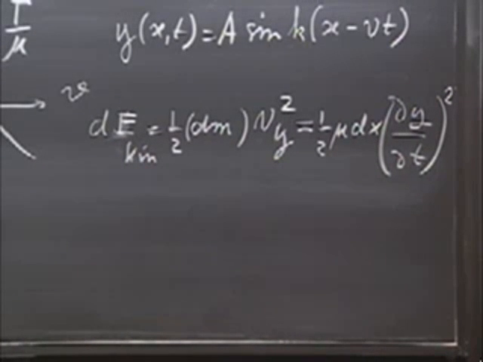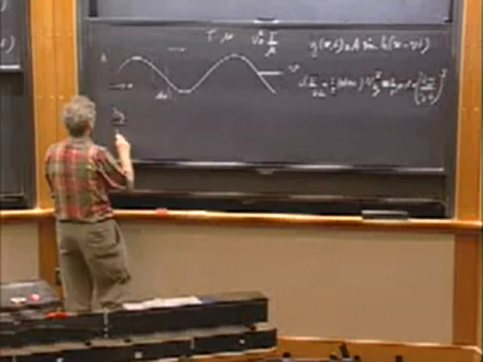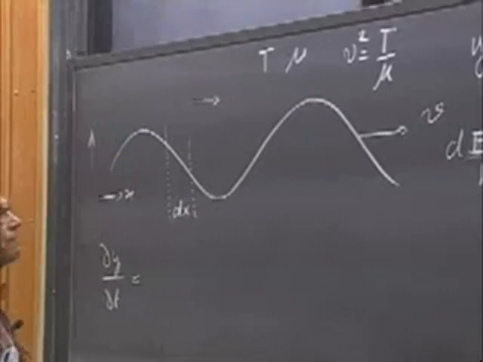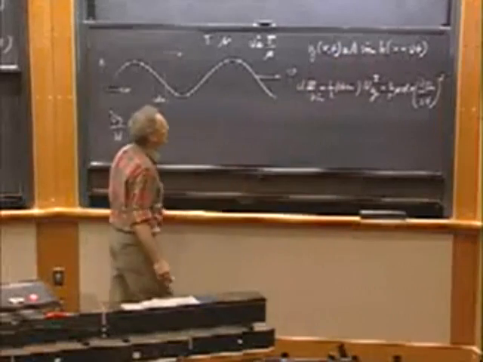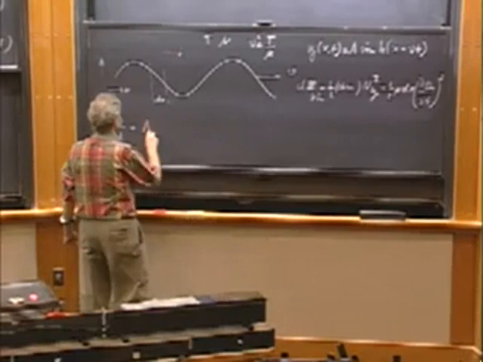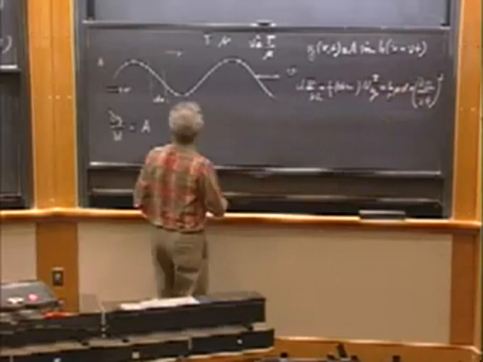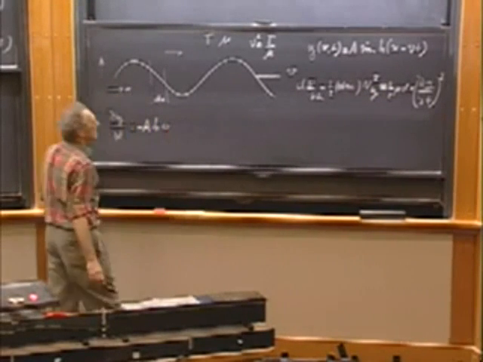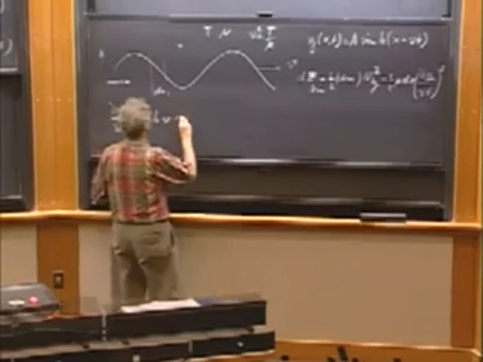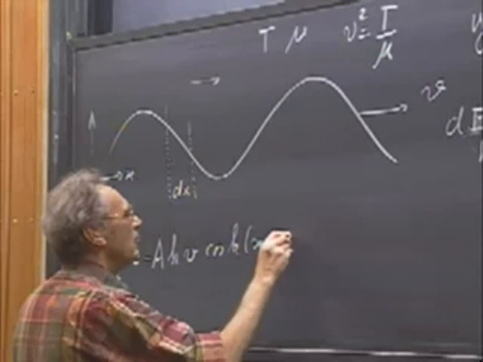So what is the partial of y with respect to t? Well, that's easy. That's a piece of cake. There is my function. So I get an A. Then I get a k and a minus v. So I get a minus and a k and a v. And then the sine becomes a cosine. And so I get k times (x minus vt).